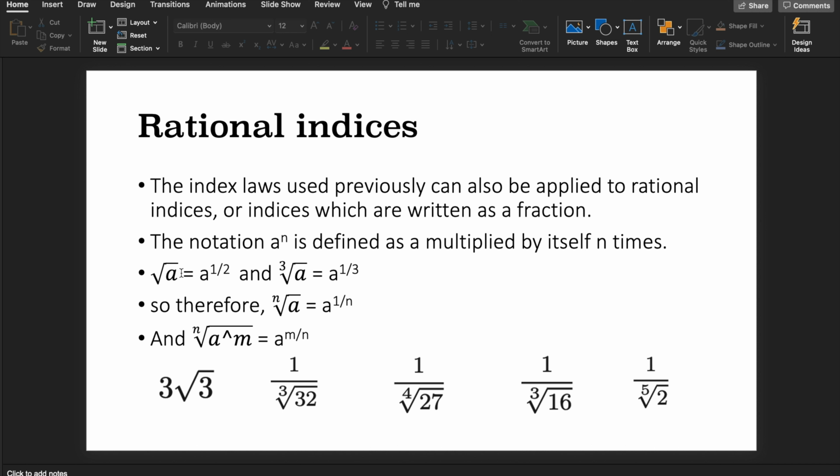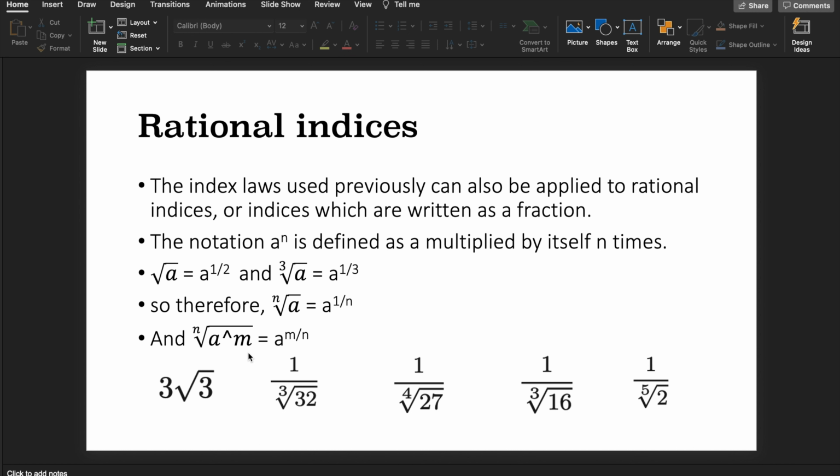So square root of a will be represented by a to the power of 1 by 2, and cube root, this is the symbol for cube root, so cube root of a equals a to the power of 1 by 3. Therefore, n-th root of a would be a to the power of 1 by n. So this is how we derive it. And this one would be a to the power of m divided by n.